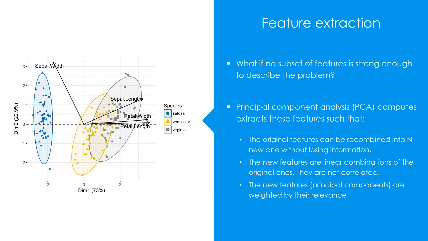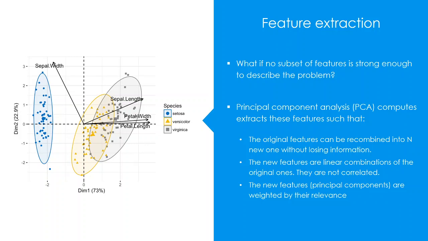So in that case, one way to go is by using feature extraction algorithms. And probably the most important representative of those algorithms is the principal component analysis, or just PCA. So the idea here is that we want to extract features. So it means that we want to build new features based on the original ones. Now, in the case of the PCA, the features have some characteristics.